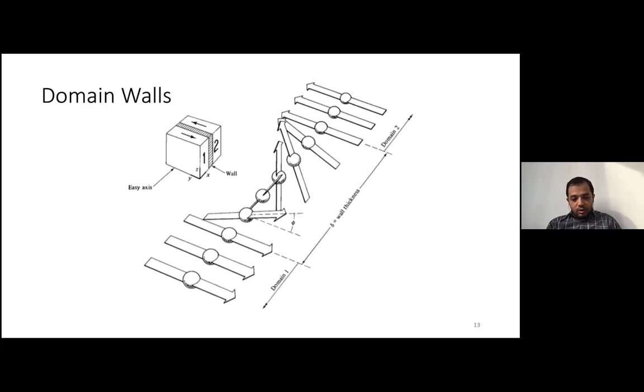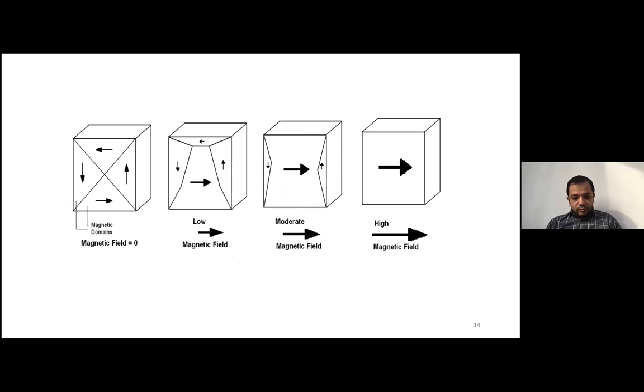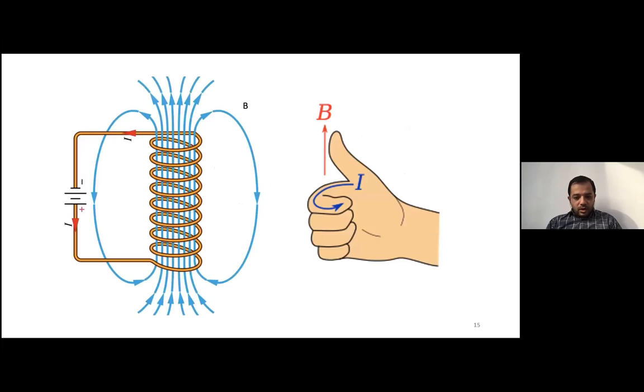And so all of a sudden, domain one becomes one atom more, so the domain will be bigger. As we increase the magnetic field, the domain will become bigger and bigger and bigger, right? So we can classify all materials based on how they behave in an external magnetic field.